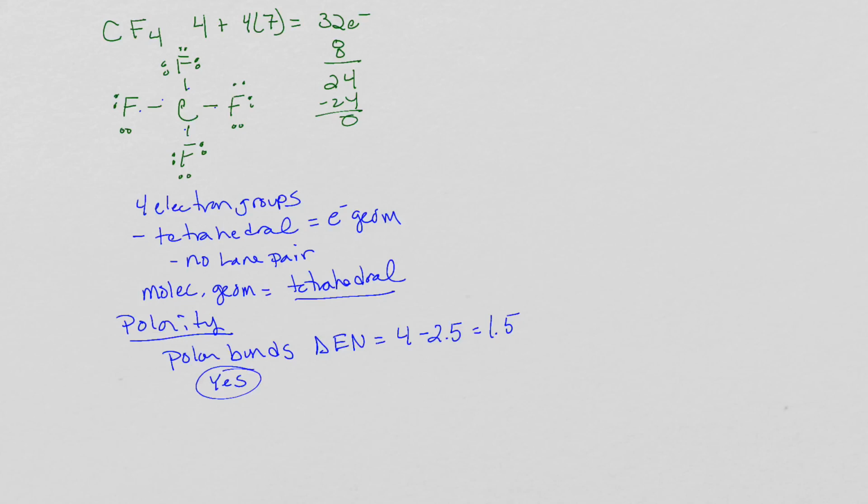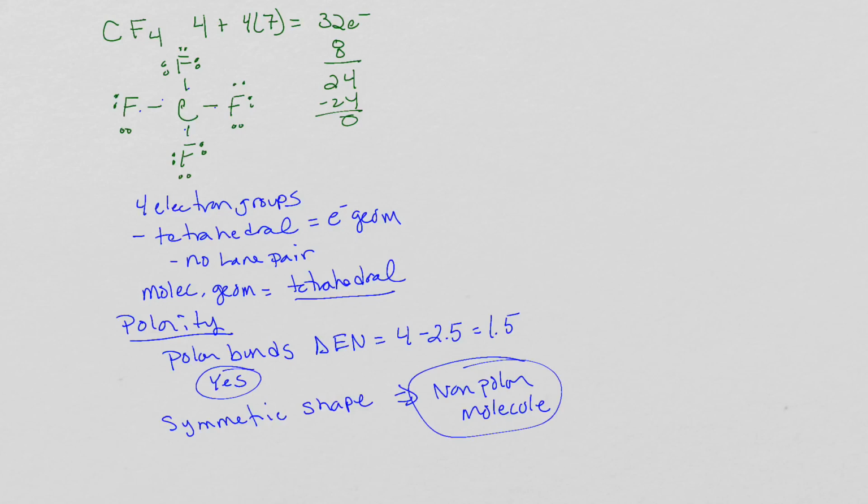So we have polar bonds, but we have a symmetric shape. So the result here is we have a non-polar molecule because all of the dipoles in our tetrahedron would cancel each other out because they're all the same. Okay, so this is a non-polar structure.